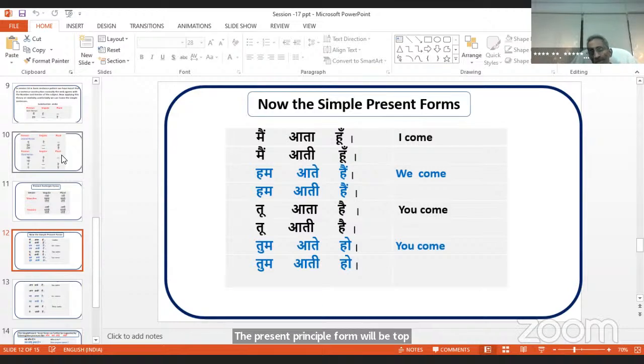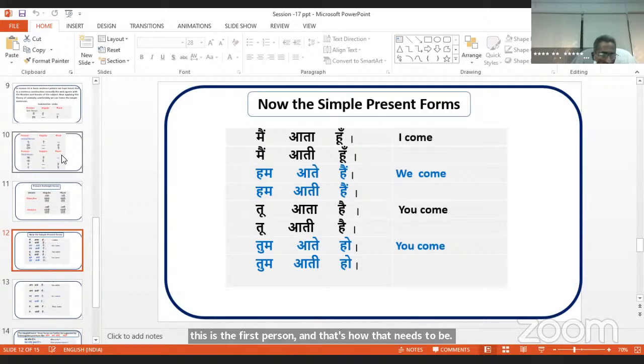Whenever main is feminine, it will be ti. So main aata hoon, main aati hoon. This is the first person, and then hum, that means we.